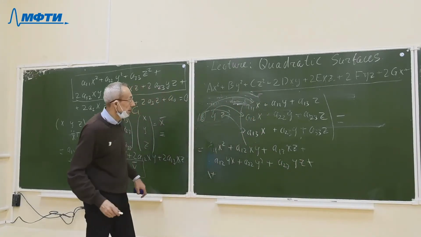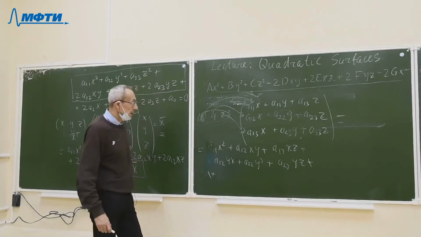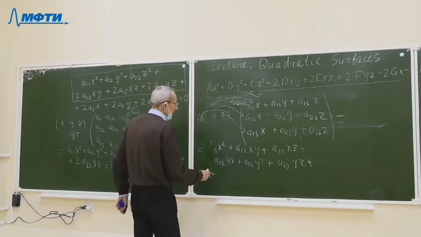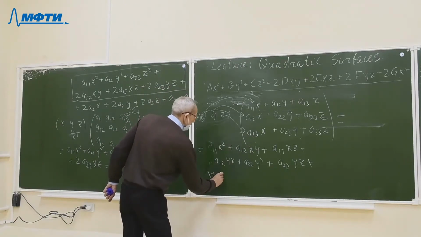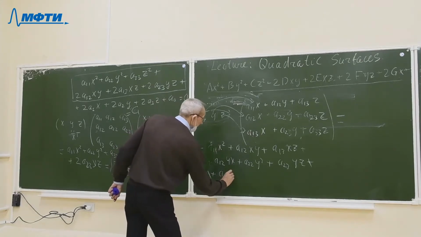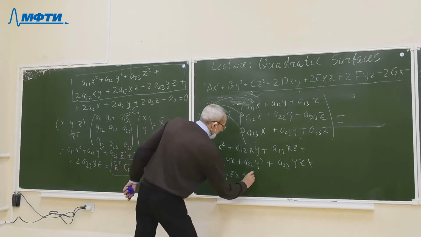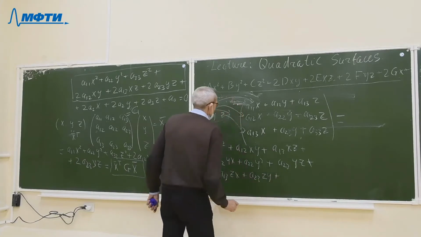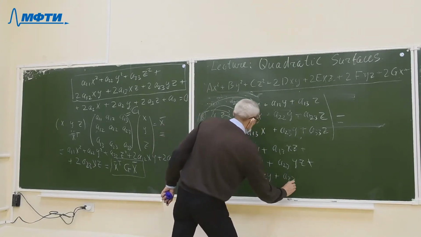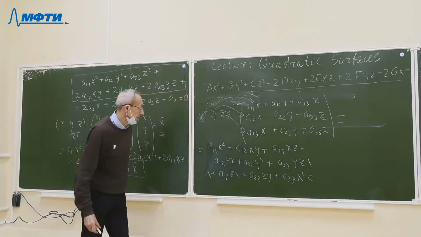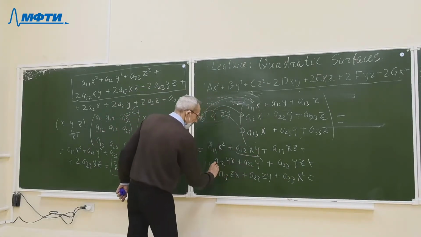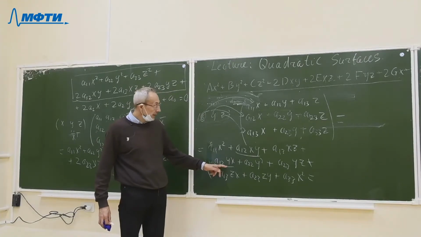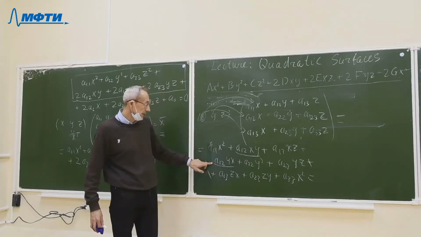The last element we multiply by the third element of the column matrix, and we obtain the following expression: a13zx plus a23zy plus a33z squared. And we have the same element, this one and this one. The multiplication of numbers is commutative, and this element equals this.